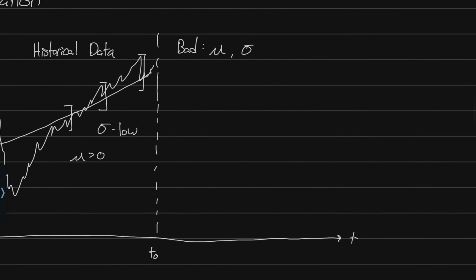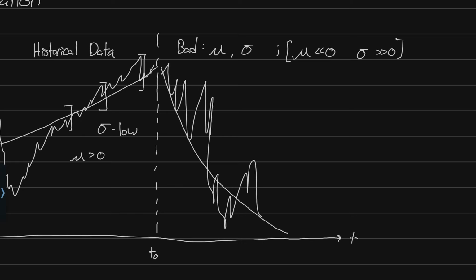Now, just for the sake of an example, let's say I say my mean returns is less than 0, and it's a lot less than 0, and then my volatility is very high. So I choose mean returns as negative 0.8 or something, and then volatility as a very large value. My forecast would look something like this.